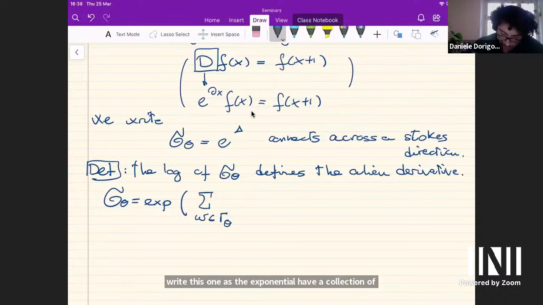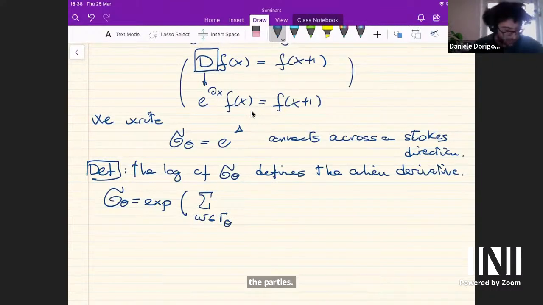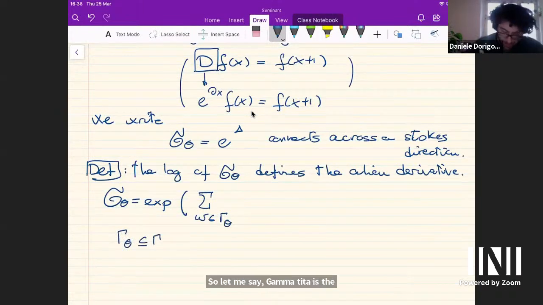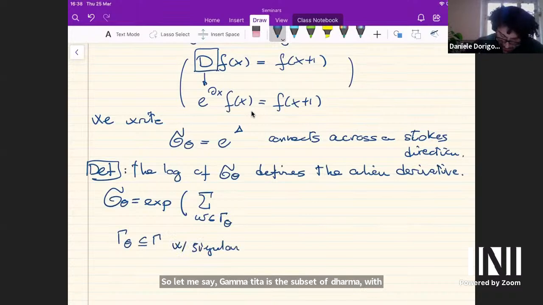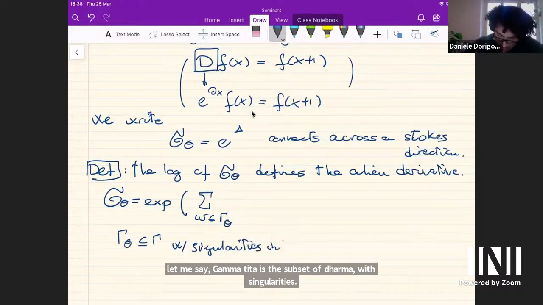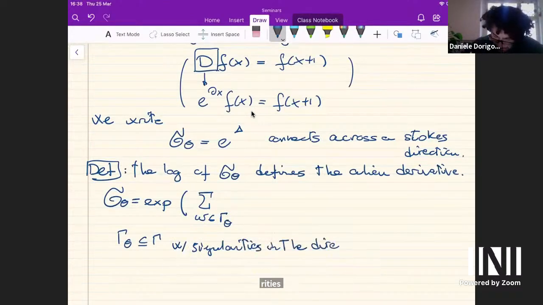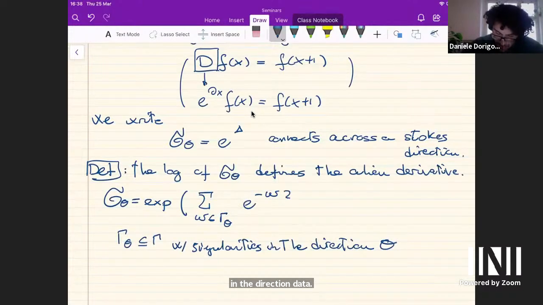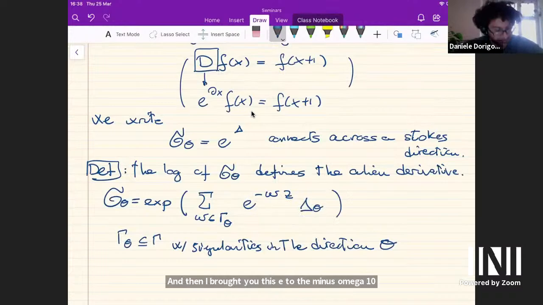I need to take all the singular points in this direction. So let me say gamma theta is the subset of gamma with singularities in the direction theta. And then I write it as e to the minus omega z times this alien derivative delta.